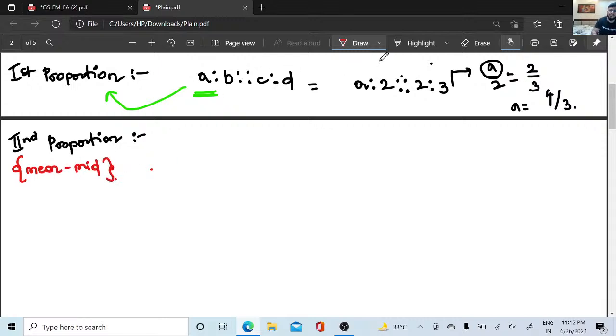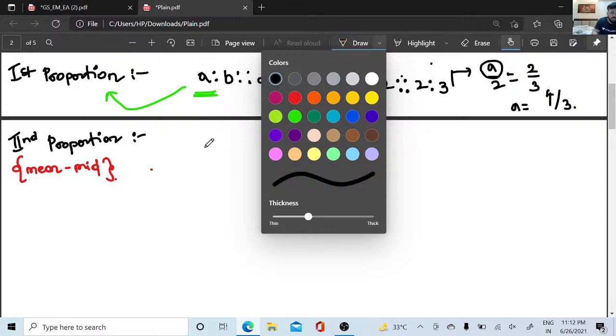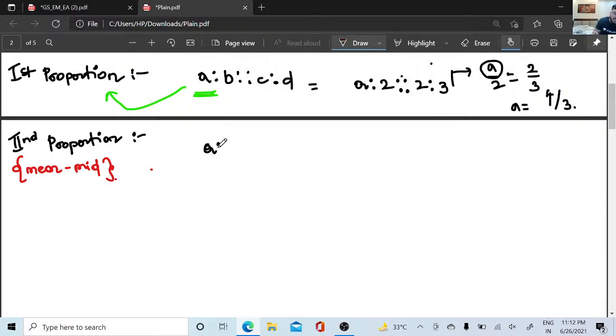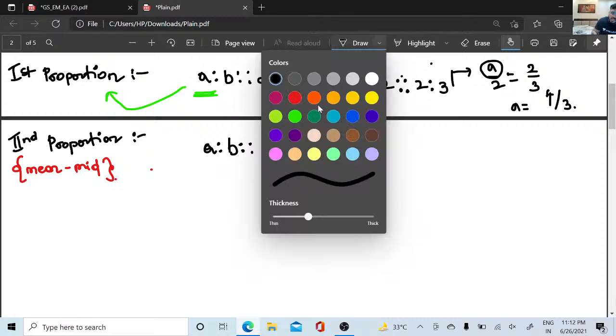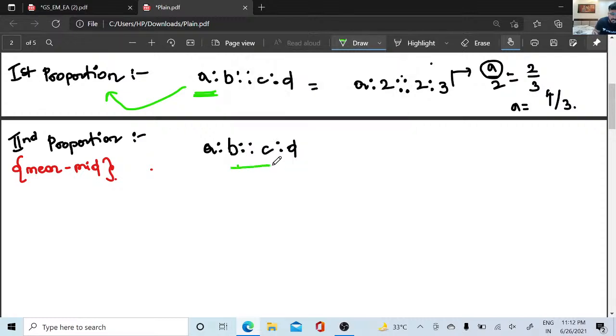If you get a proportion A is to B is to C is to D, then the median part, which is the mid part, B is to C, is your second proportion or the mid or mean proportion.